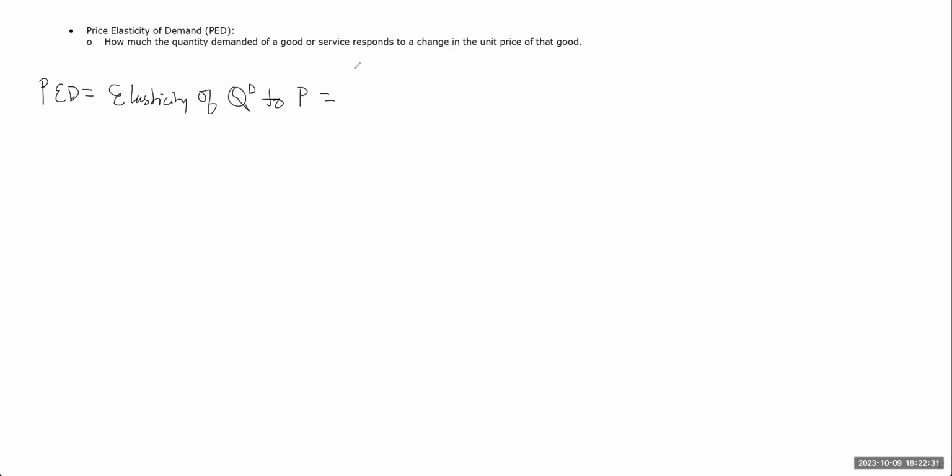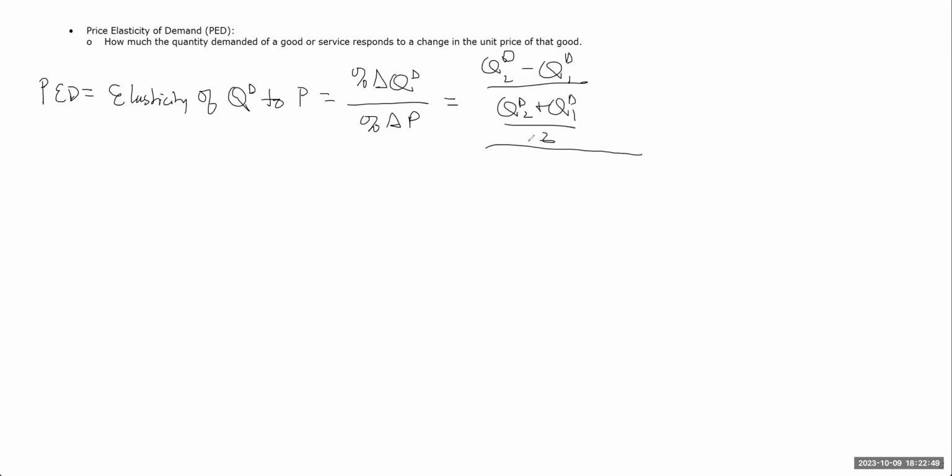And this is equal to percent change in quantity demanded over percent change in price. And this is equal to (QD2 minus QD1) over ((QD2 plus QD1) divided by 2) over (P2 minus P1) over ((P2 plus P1) divided by 2).